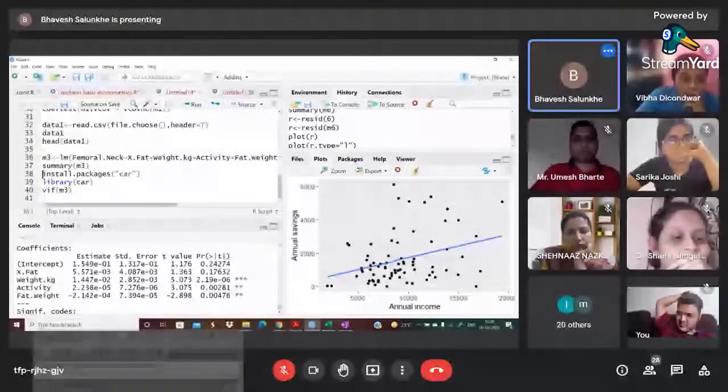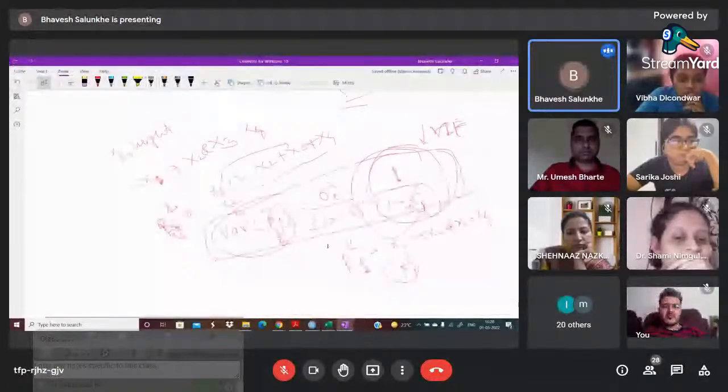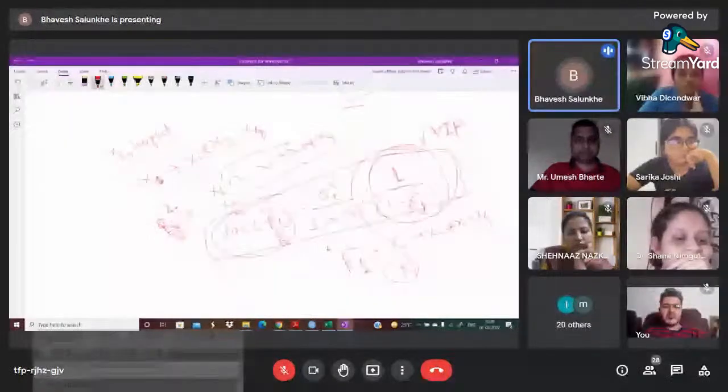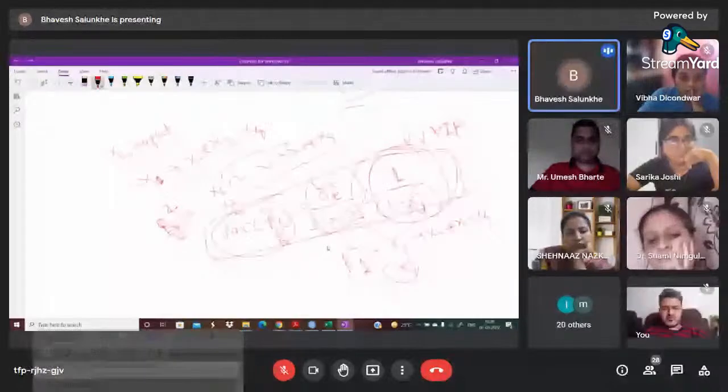But students understand that the variance inflation factor will not always lead to a very high variance of the beta coefficient. Why? Because the variance of the beta coefficient also depends on two other terms: sigma square, that is the variance of the error term, and the variation in that independent variable itself.